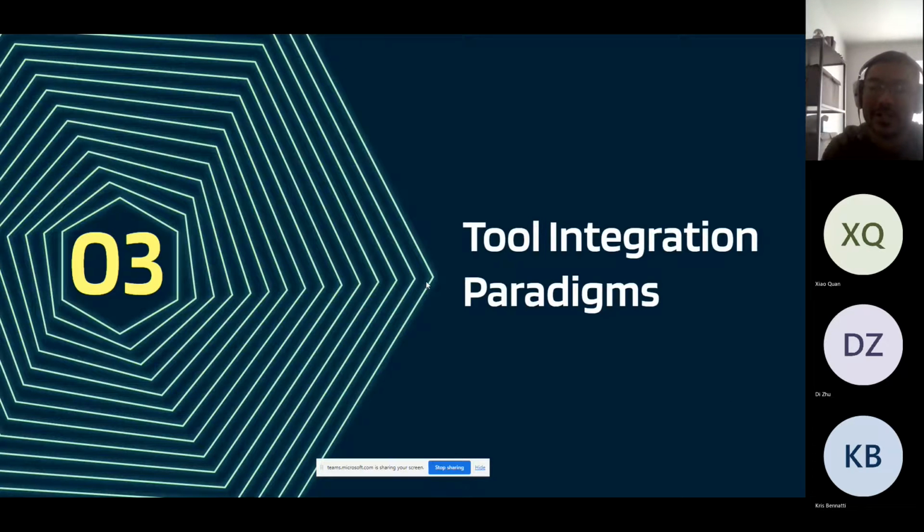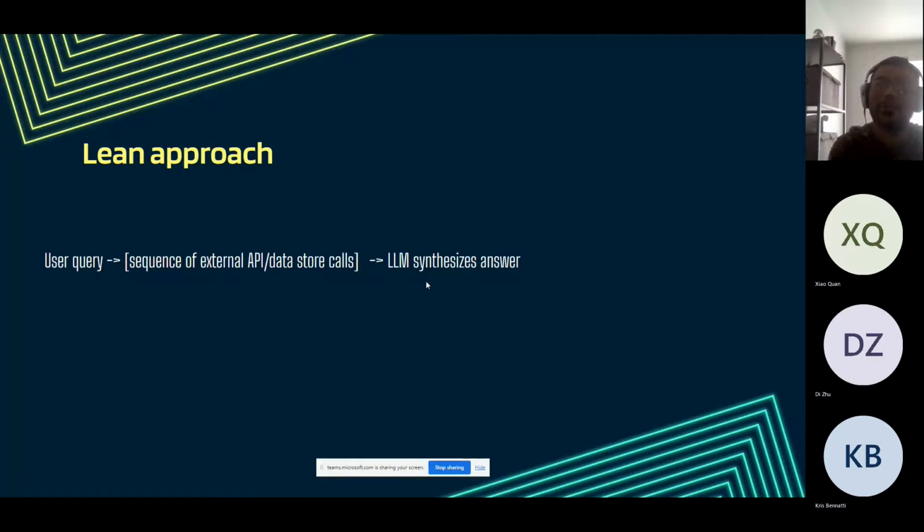Talking about tool integration paradigms, there are two main approaches. There's the lean approach, where you have a particular user query, and you send it through a sequence of external API or database calls, and the output you get is fed to a language model, and the language model just takes the output and synthesizes a good answer for you that looks coherent.